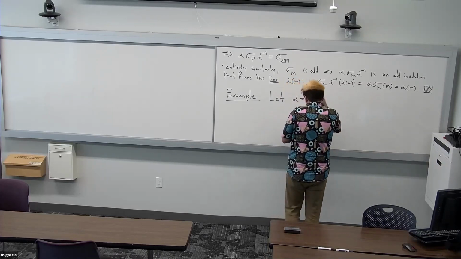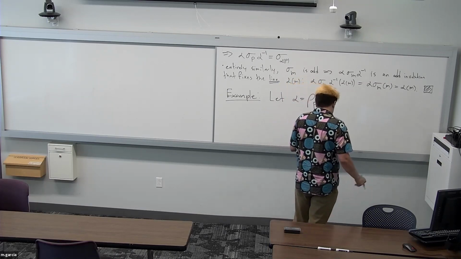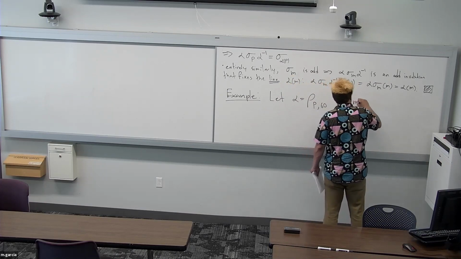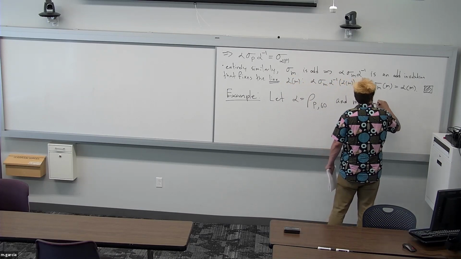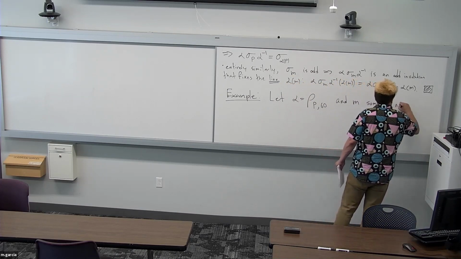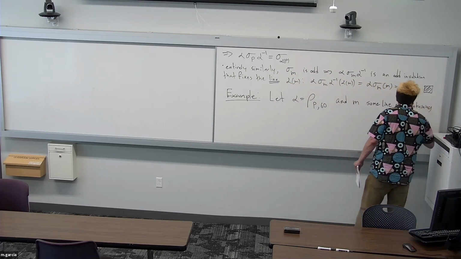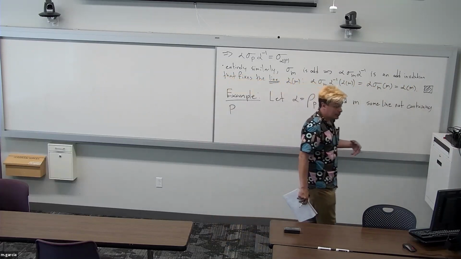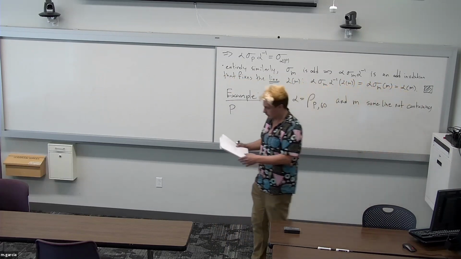So let's choose alpha to be the rotation centered at P, which rotates by 60 degrees. Let M be some line not containing P. And the reason I say that is just because it's going to be easier to see what's going on if we take P off the line M. Okay?